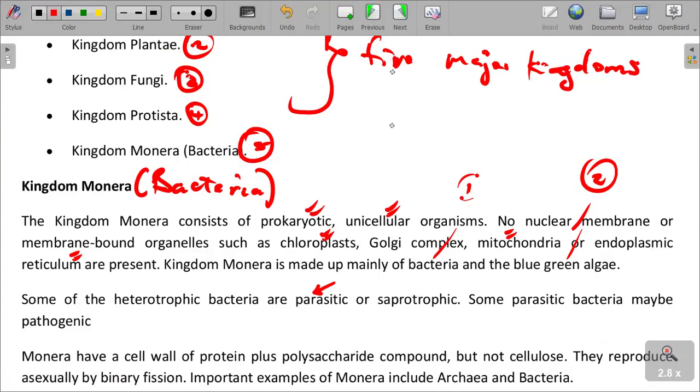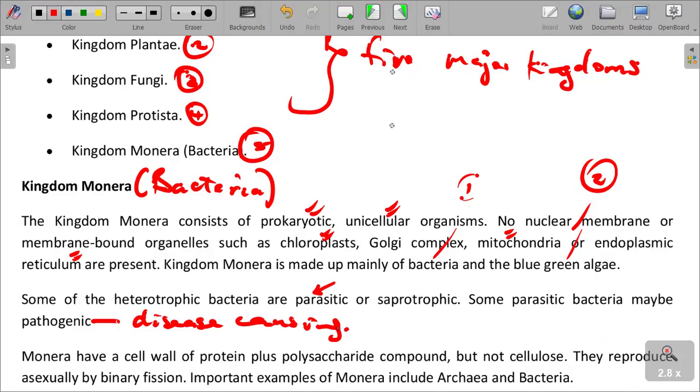Some parasitic bacteria may also be pathogenic, meaning that they can be disease-causing organisms in other ways.